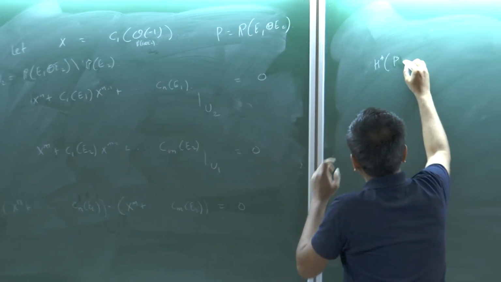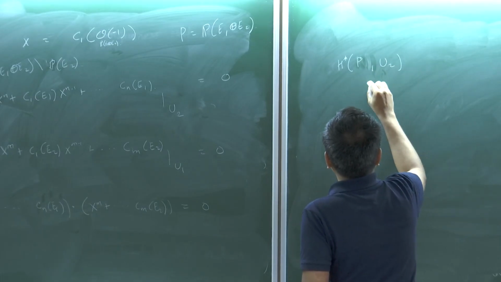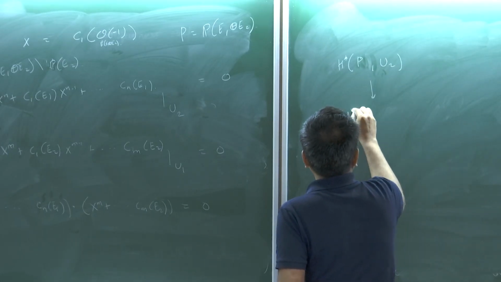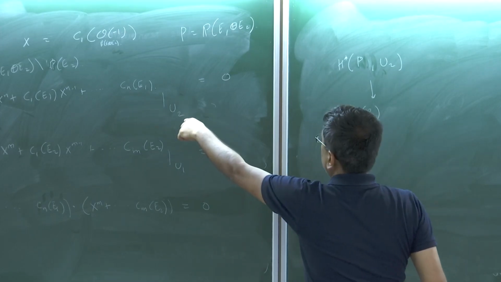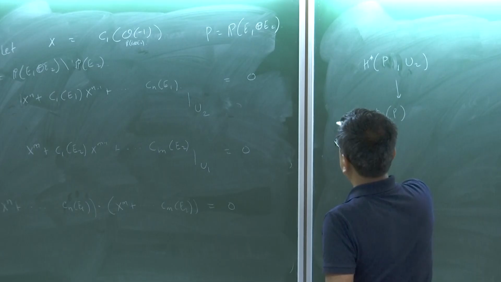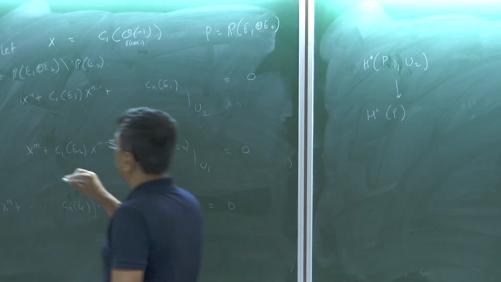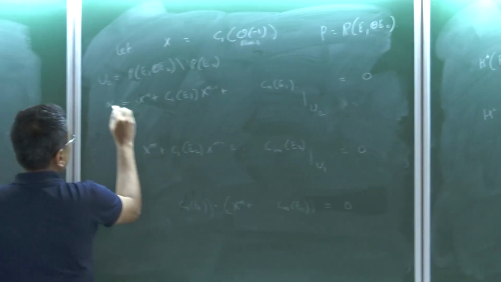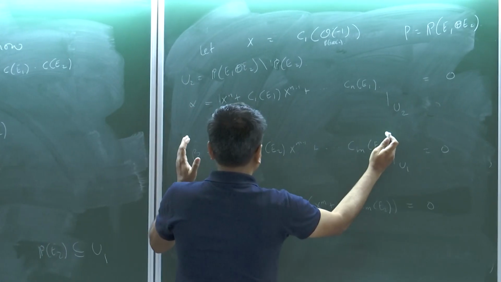If I look at cohomology of P relative to U2, this maps to cohomology of P, and the fact that this cohomology class restricted to U2 is 0 means that this class, let us give this name, this is alpha. Before restricting, this class is alpha, and before restricting, this class is beta.